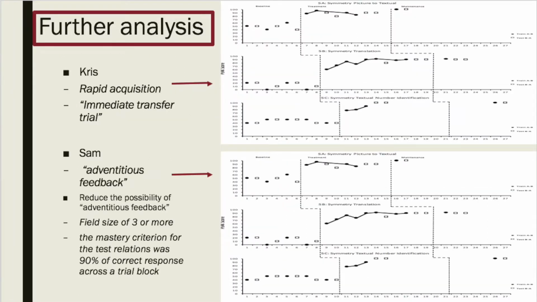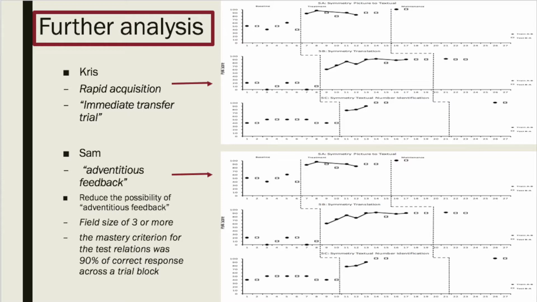Chris's skill acquisition was rapid during the treatment condition. Once intervention ensued, Chris was able to effectively demonstrate many of the targeted skills, and his performance was consistent with something called immediate transfer, where a participant reaches a predetermined mastery criterion right when the first test relationship is assessed.